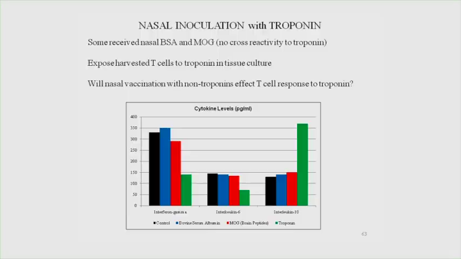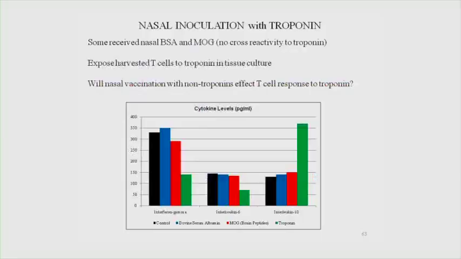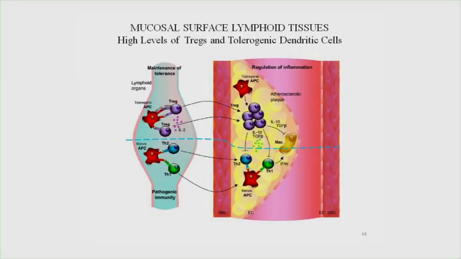The T regulatory response is antigen specific. You'll only make Treg cells to an antigenic determinant if you give that antigenic determinant in a regulatory milieu. Now, our nasal passages and our gut are a Treg-rich environment.